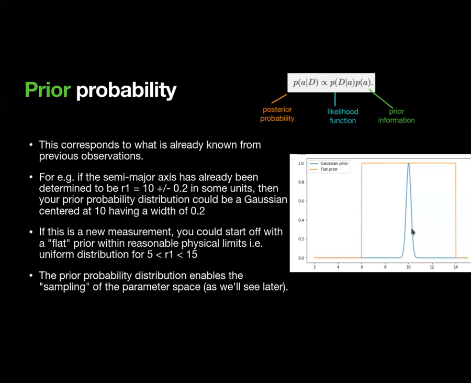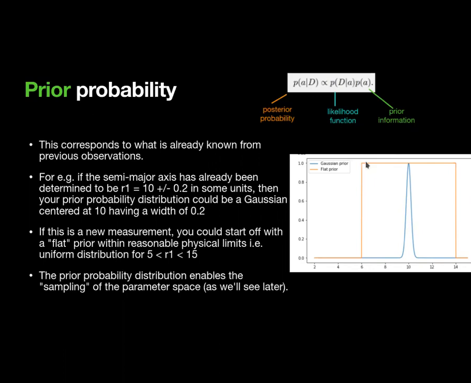Or if I told you that there is no prior information available, then you come up with something known as an unbiased estimator, or a flat prior. It says I know reasonably well that there is a physical bound, that the semi-major axis is some value between 6 and 14, and I don't give any bias.